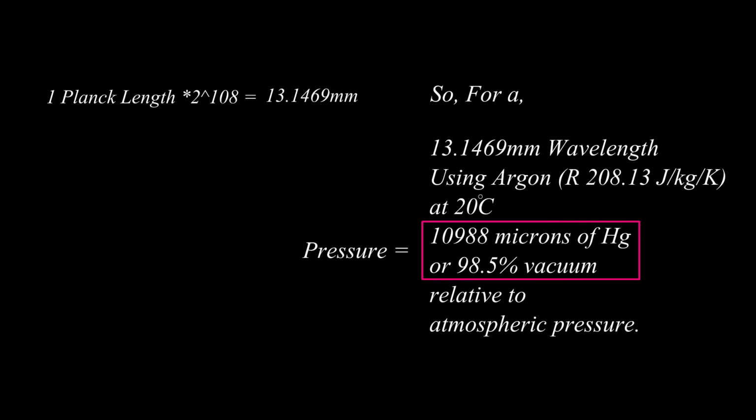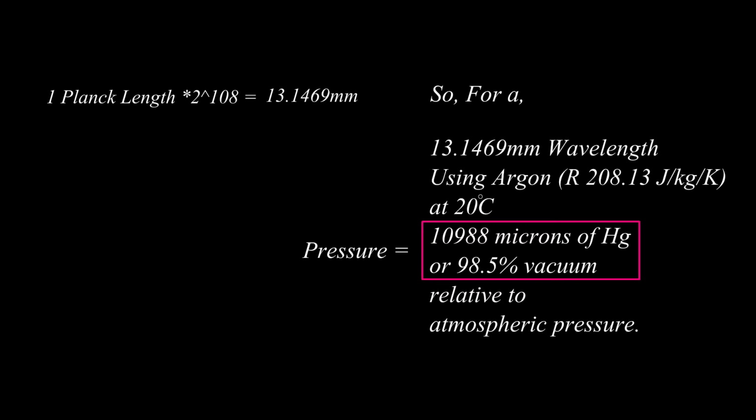And now what we have is the actual equation and the outcome for a specific wavelength. The equations will be run through using the computer and how I actually calculate them, but essentially this is solved for 1 Planck length times 2 to the power of 108 equals 13.1469 millimeters.